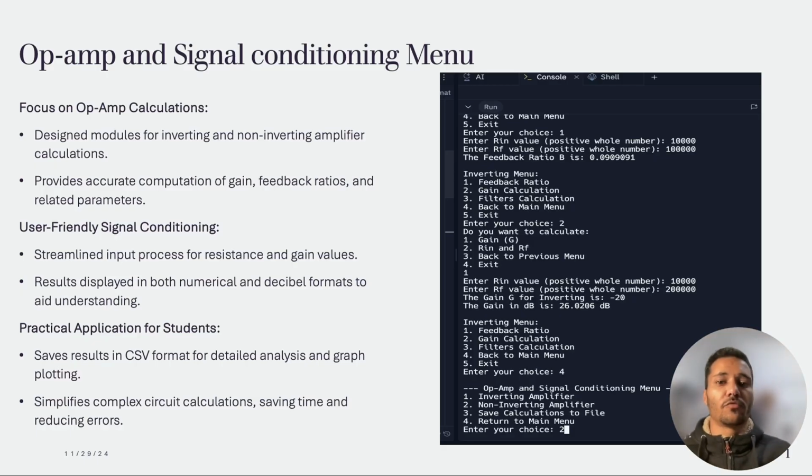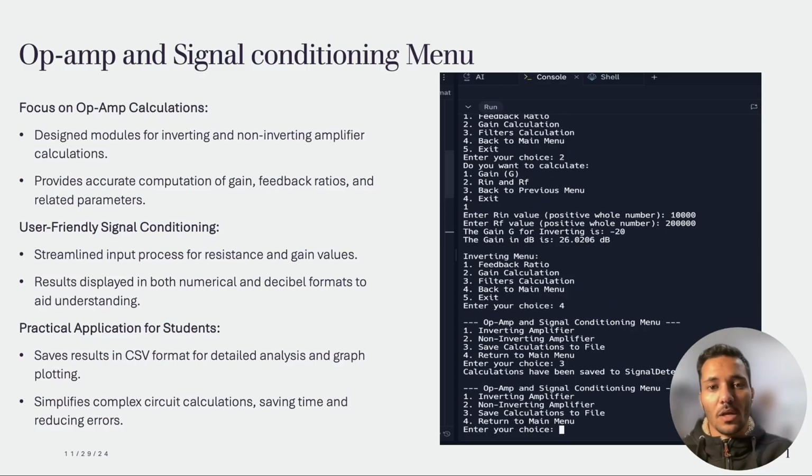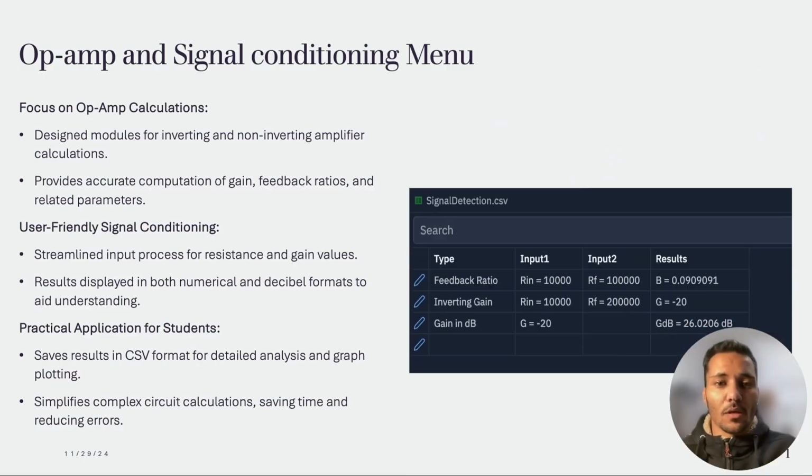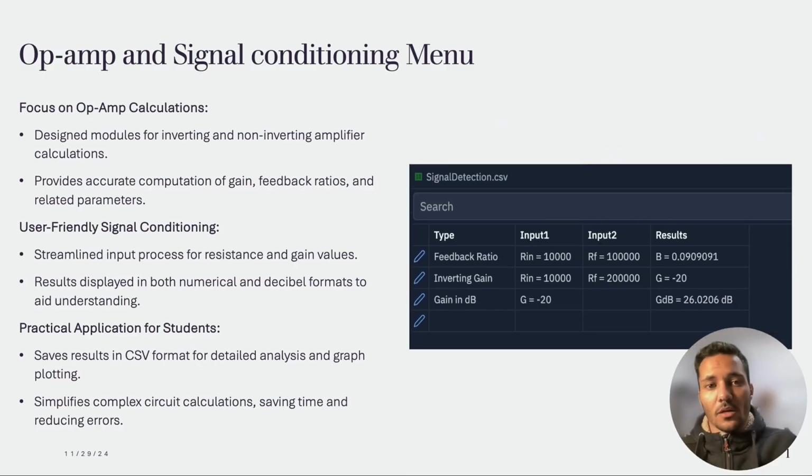This feature enables students to perform further analysis and plot graphs for deeper insights into the circuit behavior. And as you can see here, we have the results shown, all the inputs we did previously and the results here, so the student can see which exact calculation they have done, all the inputs and outputs.